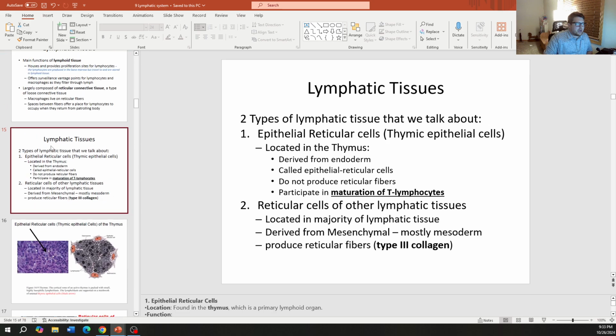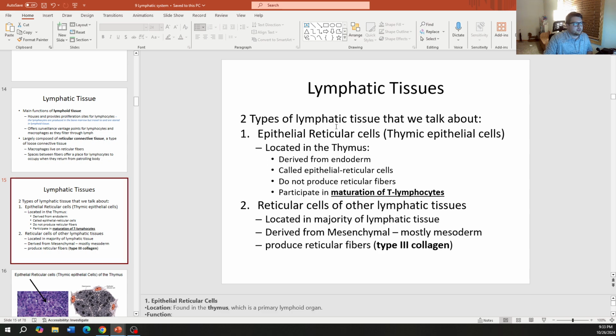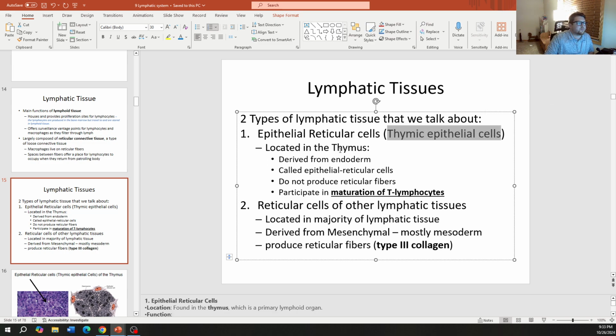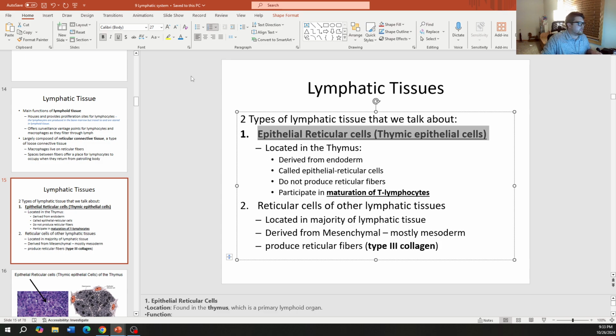So there are two types specifically of lymphatic tissue that we talk about. Again, lymphoid and lymphatic mean the same thing. We're going to talk about epithelial reticular cells, also known as thymic epithelial cells. This is our thymus, okay? We need to make sure we know both of these. And then we'll have the reticular cells of other lymphatic tissue.